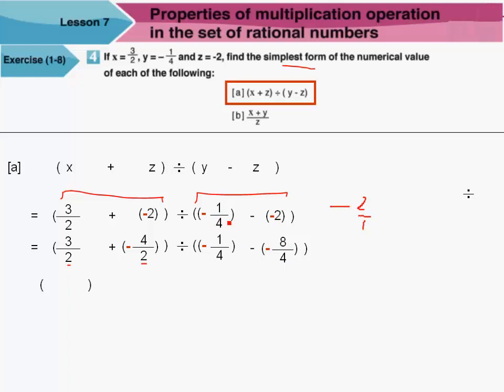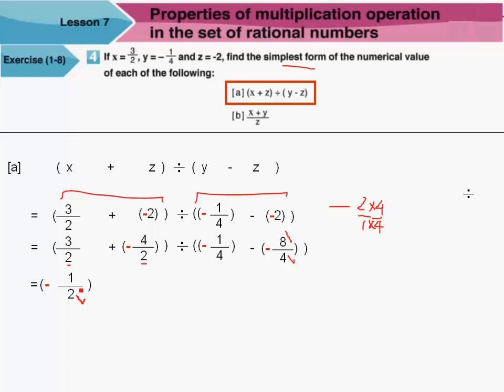To get the denominator as 4, we multiply 1 times 4, so 2 at the numerator must be multiplied by 4 also. So this will be minus 8 over 4. The denominator is 2. And here we have this a plus and this is minus. We have two numbers, 3 and 4, with different signs. So we have subtraction.